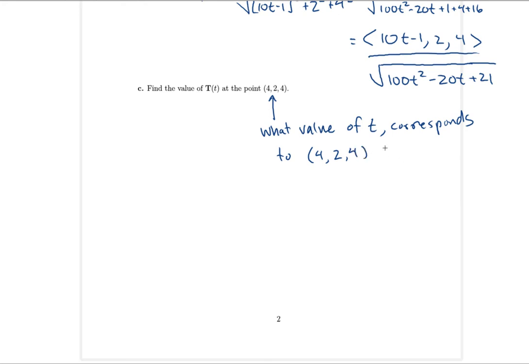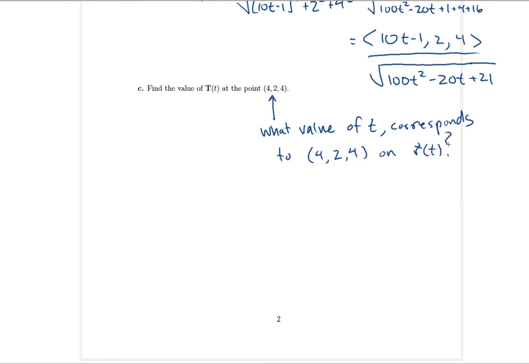And by the way, (4, 2, 4), that is on our original function, right? So the implication here is we wouldn't be finding the unit tangent vector if we weren't at a spot on the curve. So (4, 2, 4) is a spot on the curve. So what value of t corresponds to that? That's what we got to answer.